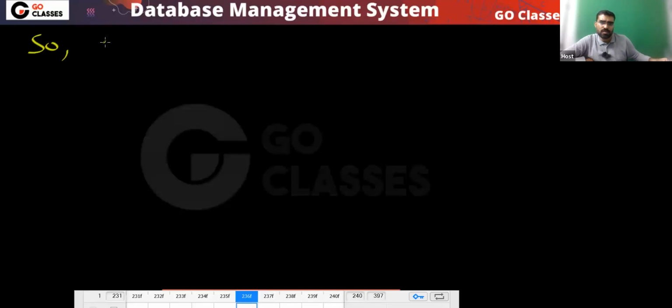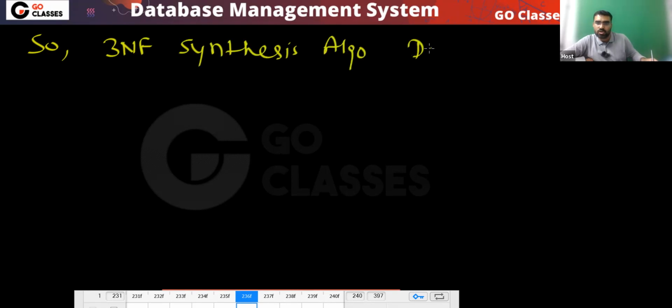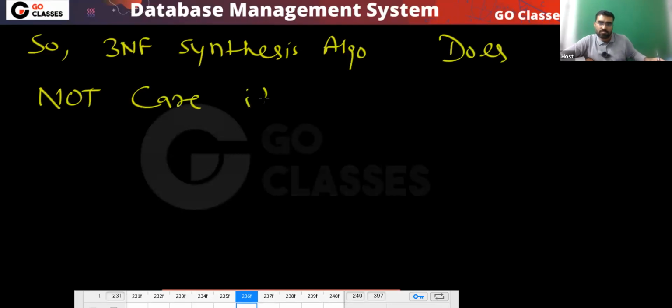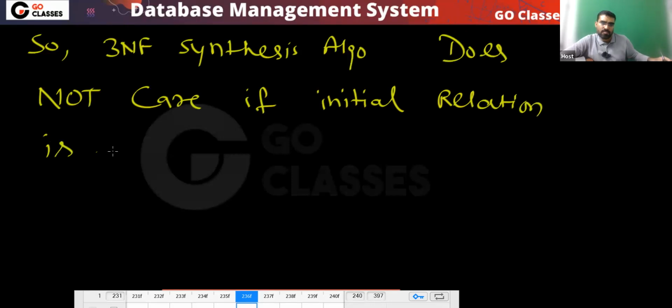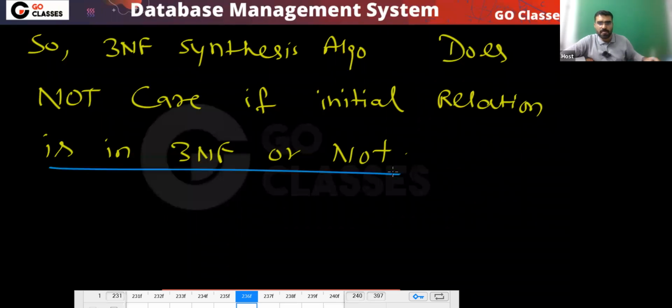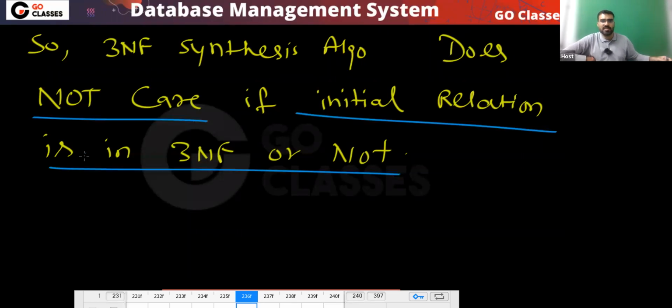So this 3NF synthesis algorithm does not care if the initial relation is in 3NF or not.